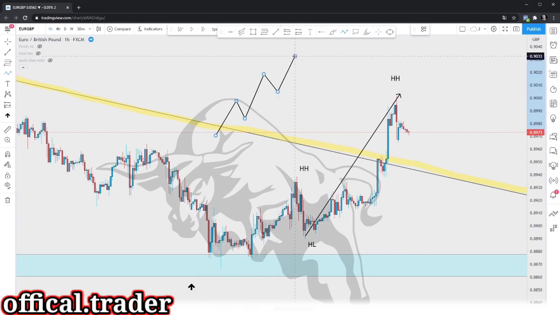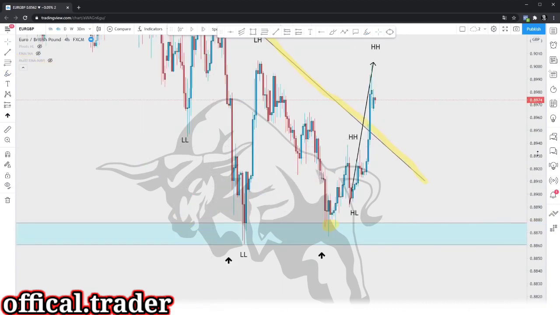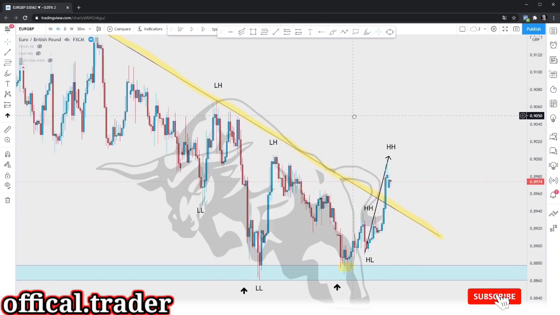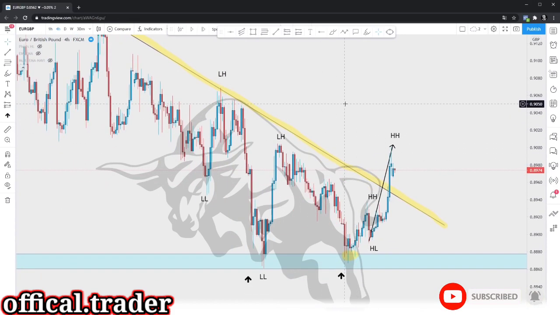So something like this. We are cycling to the upside. Also what we have to keep in mind, that we are bouncing here from a very strong zone on the daily time frame, right? And as we noticed, if you go back to the 4 hour time frame, 4 hour time frame market structure is still not bullish, right? We need to go above the previous lower high, okay?